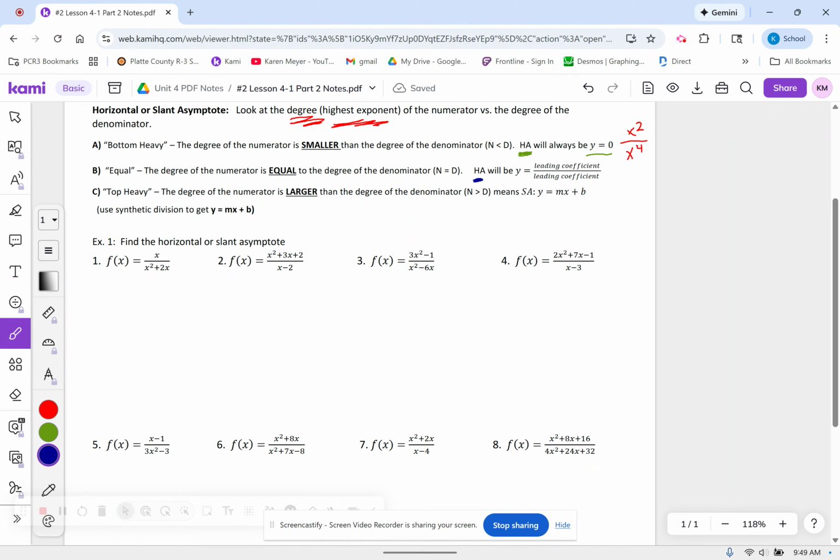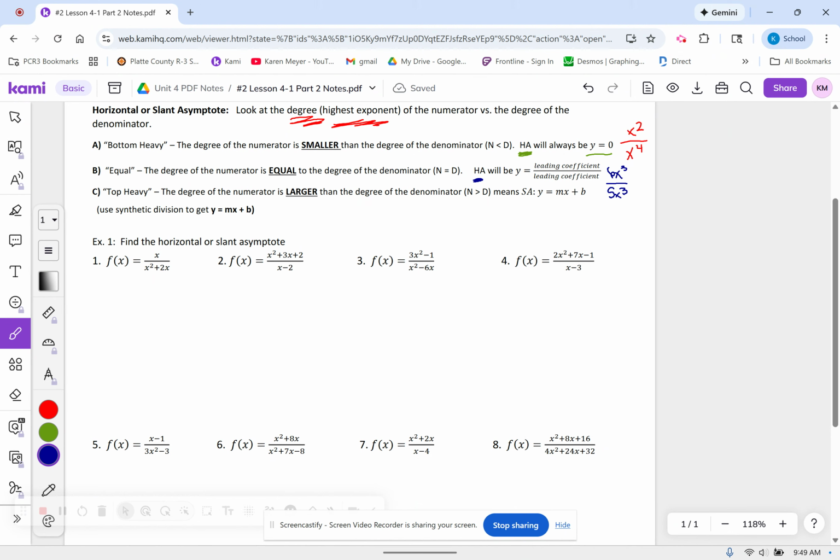So for this one, if I had 6x to the third over 5x to the third, then you would ask, what's the exponent on top? 3. What's the exponent on bottom? 3. They're equal, so I know it's going to be HA. Leading coefficient means the number in front of x to the third.